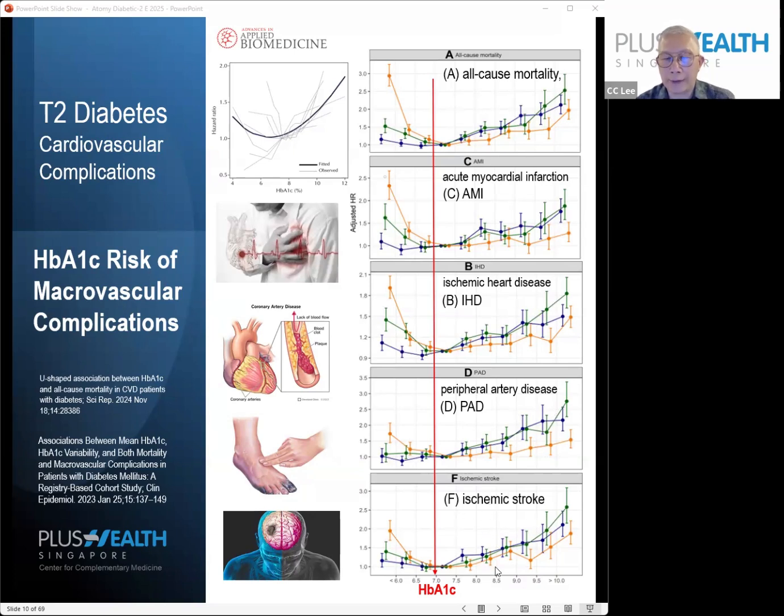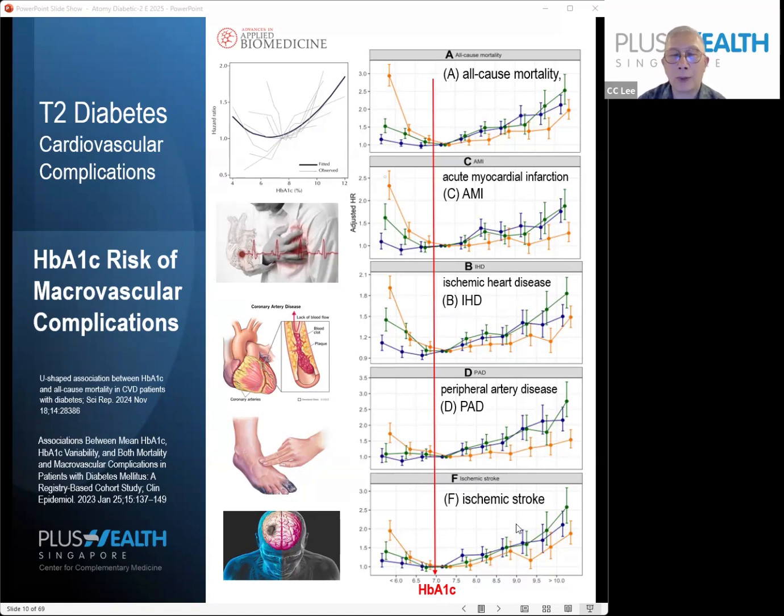As your HbA1c marker goes up, that means your blood glucose level goes up, and your relative hazard ratio, which is the risk, increases. Basically, the increases are due to the increase in glucose level in the blood. It's across the full spectrum of cardiovascular diseases, so you can see from that.